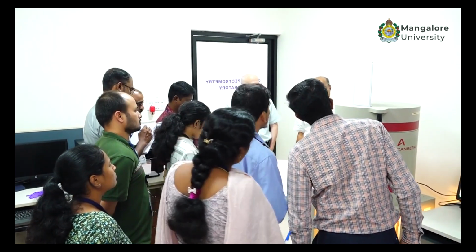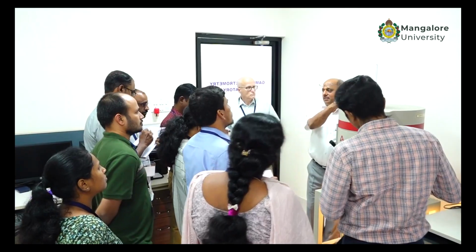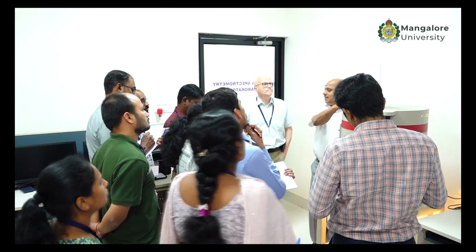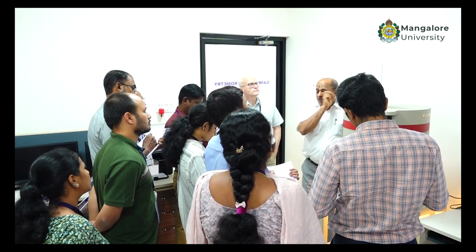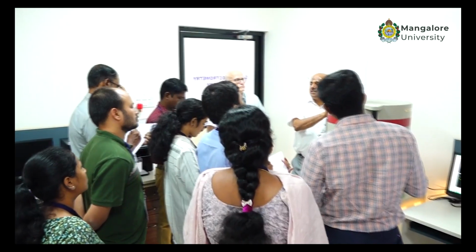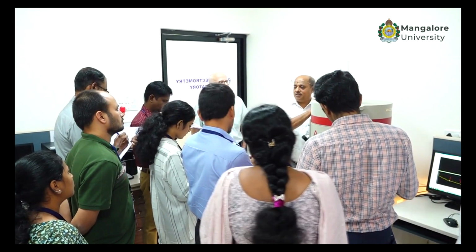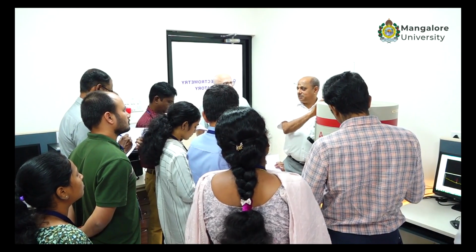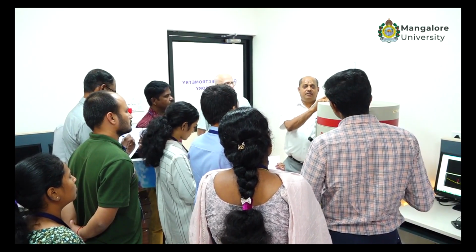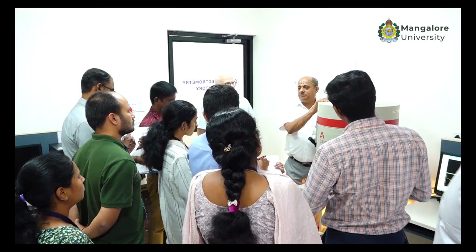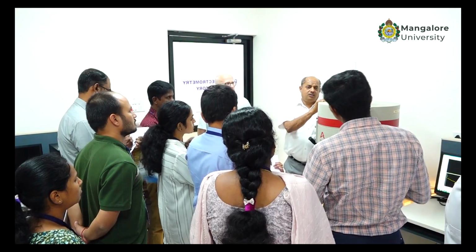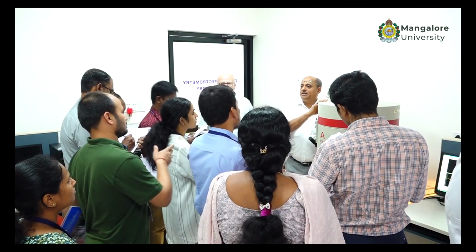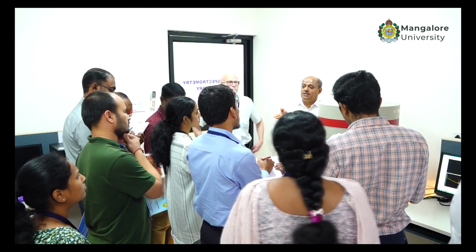So this detector has a nominal efficiency of 50%. And when you talk about an HPGe detector or any nuclear detector, the important parameter that characterizes it is its efficiency. So you normally classify the detector in terms of relative efficiency.